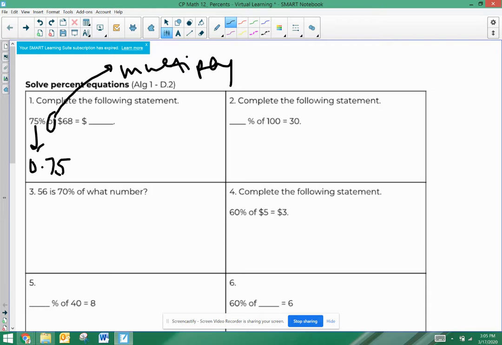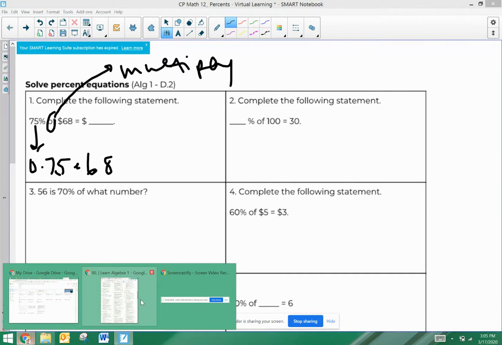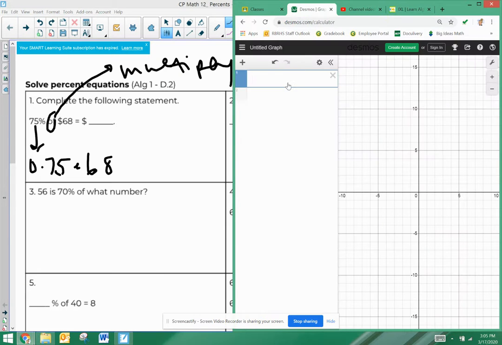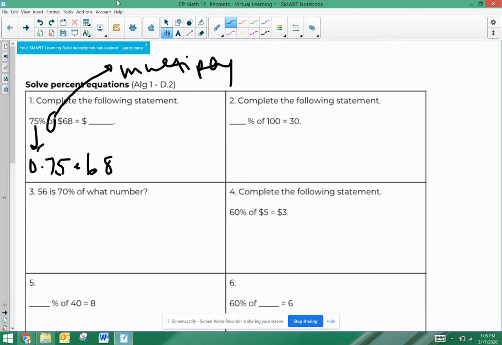So 0.75 times 68 is really what that question is asking. So we open our calculator. 0.75 times 68, and that's 51. Great. So 75% of $68 is $51.